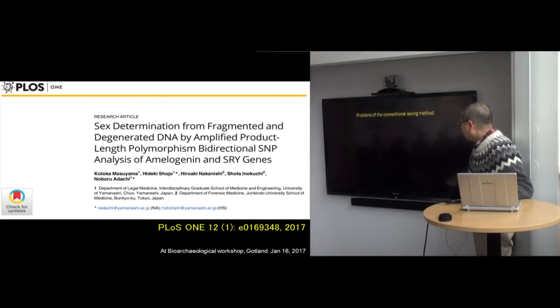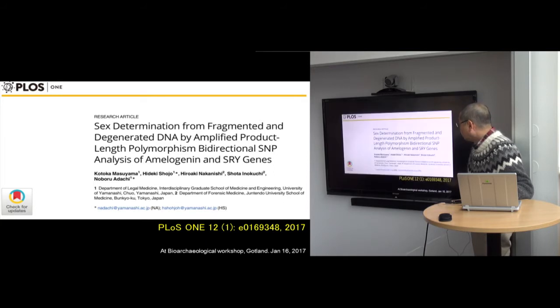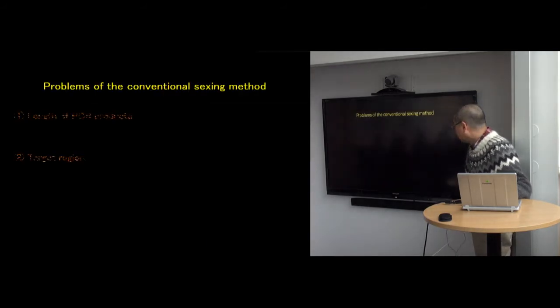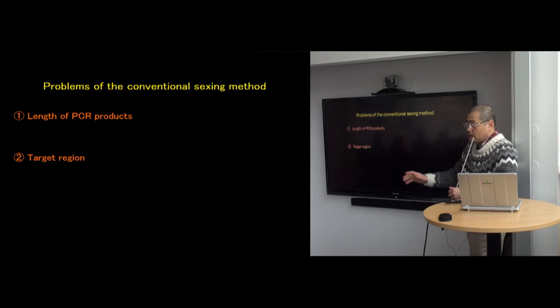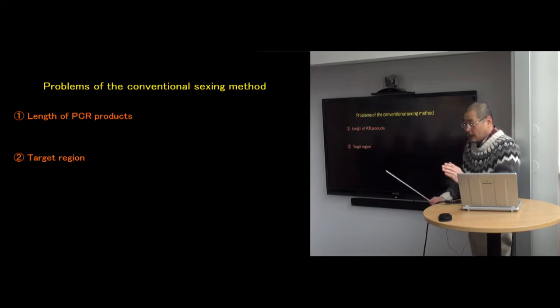So I think the problems of the conventional sexing method are basically two. One is the length of PCR products. This means we generally use a technique called polymerase chain reaction to amplify a small amount of DNA to the level that we can analyze.